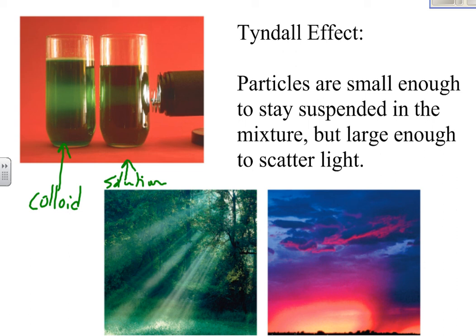So whenever you see the rays of sun, it's because there's some type of colloid particles, larger particles in the air, that light can bounce off of and then come back to your eye. The other picture at the bottom here with the spectacular sunset shows the effect of different wavelengths of light being basically diffracted as they go through the sky. It's an interesting effect that you'll learn about in physics if you haven't already done so.